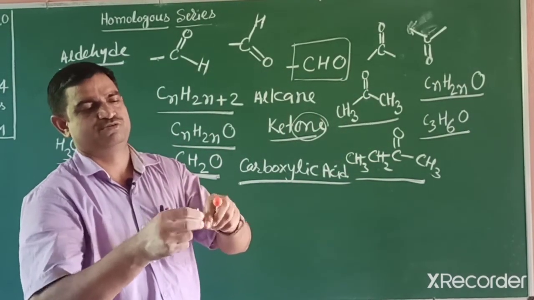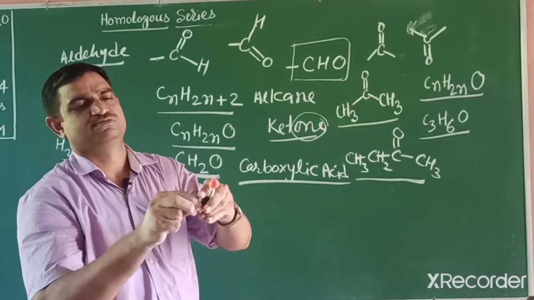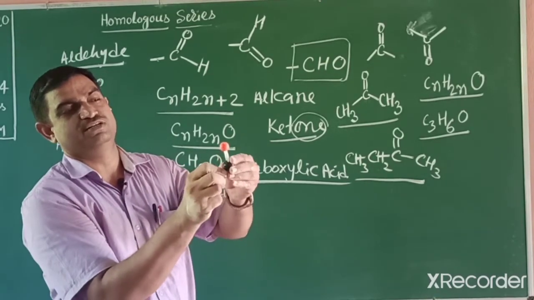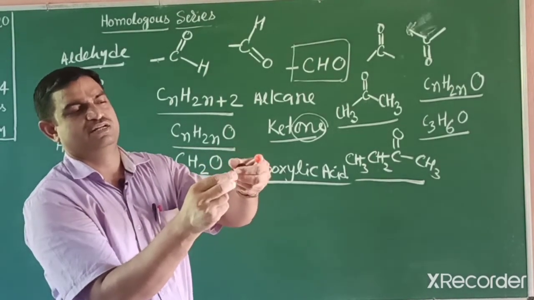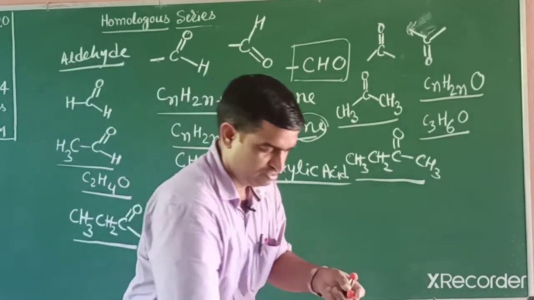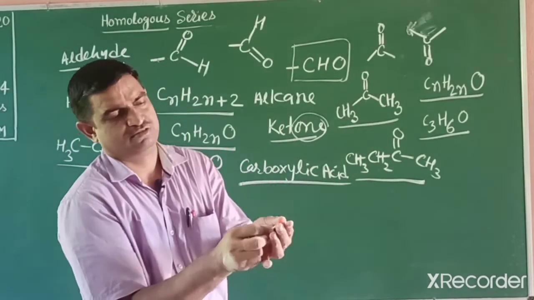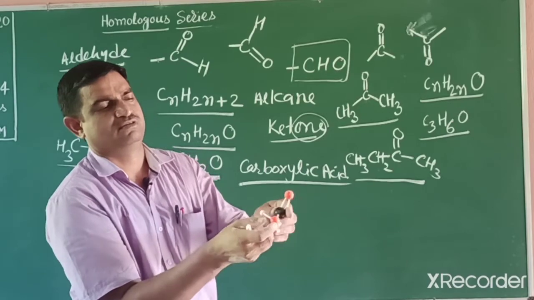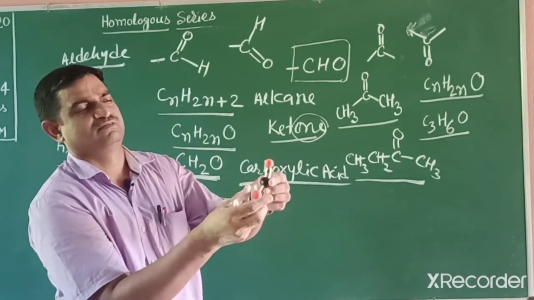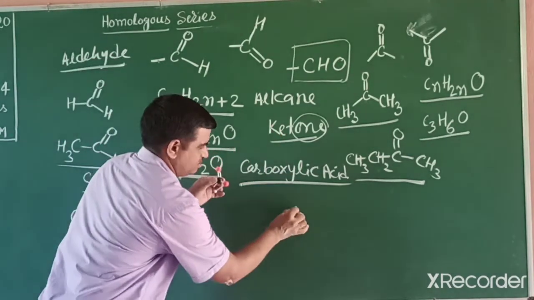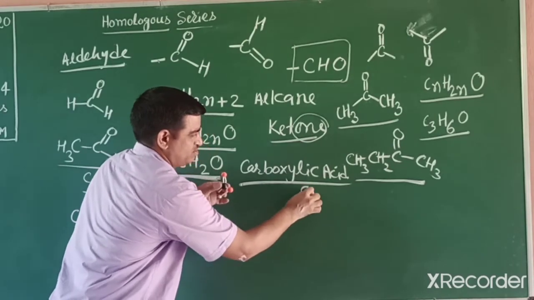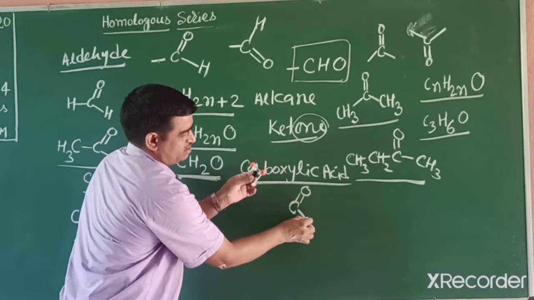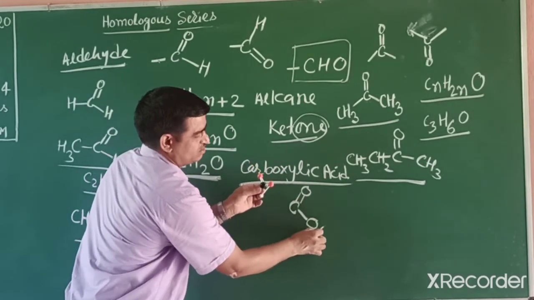One more oxygen, means in carboxylic acid one double bond with oxygen and the other one OH. Like that one. Means C double bond O and one OH.